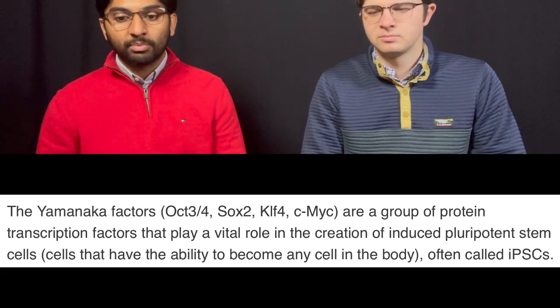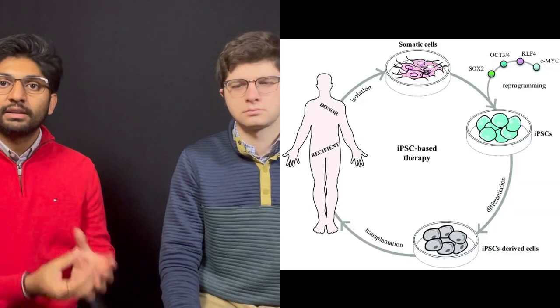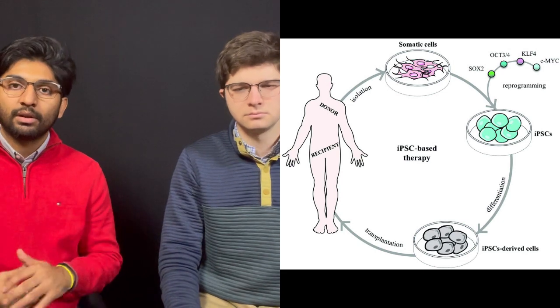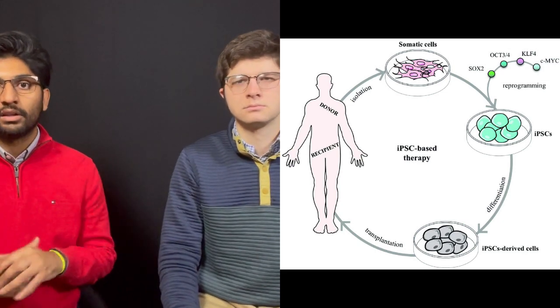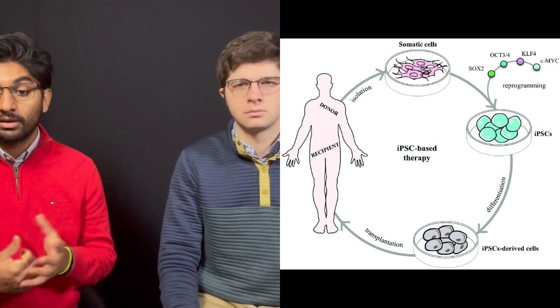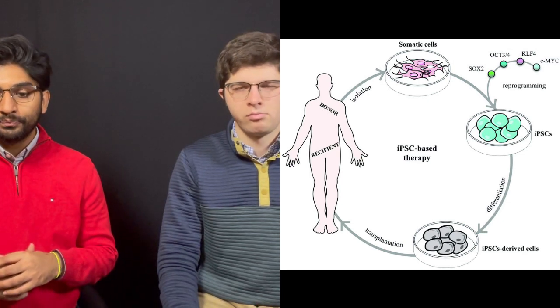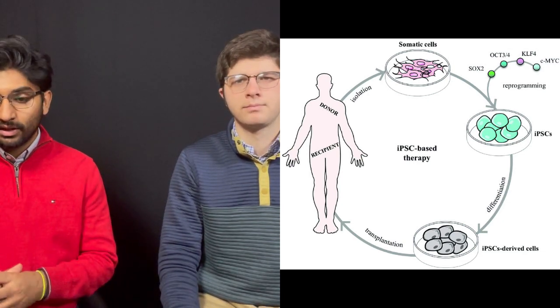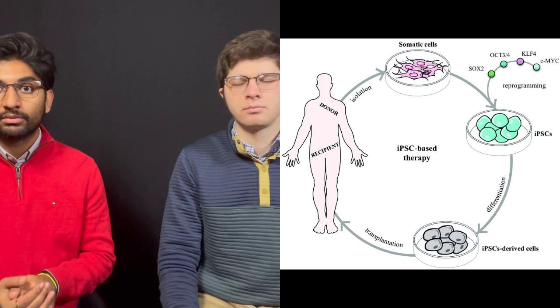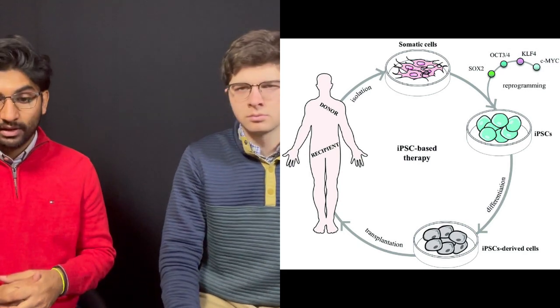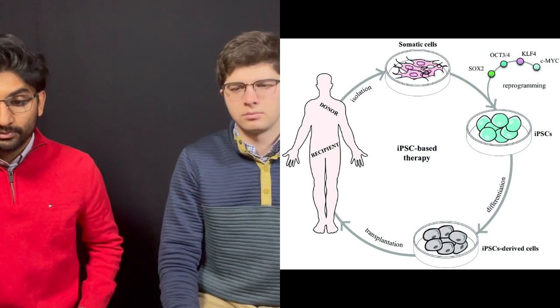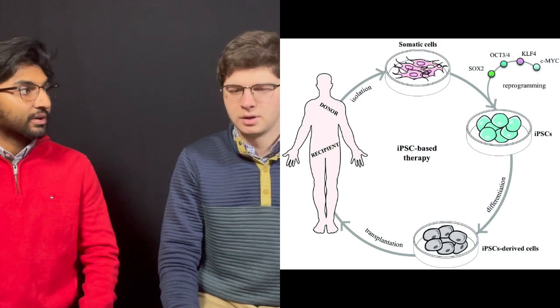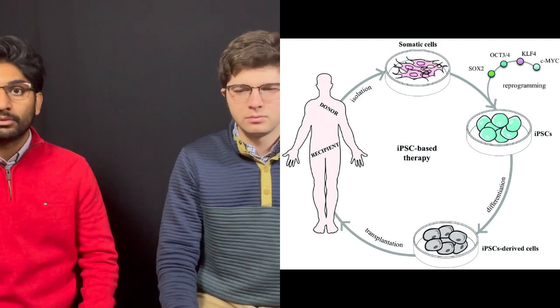All these 4 proteins together are so abundant on an embryonic stem cell that this researcher, Yamanaka, thought: if I can take all these same proteins and put them on a regular somatic cell, an adult cell, what would happen? And what happened is these cells started having characteristics of an embryo. And it started to differentiate really well.